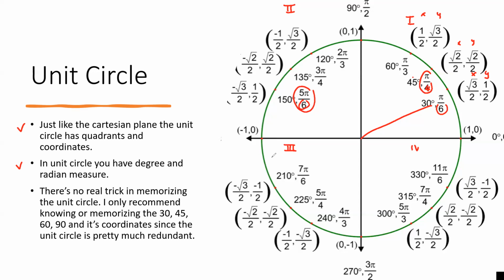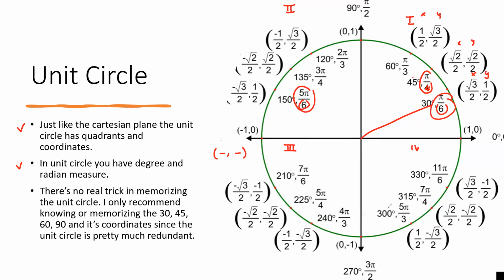Okay. And then if you look at quadrant 3, same thing. The only difference is the x is negative and the y is also negative. So 210 or 7 pi over 6 is related to pi over 6. It's just that the x and y are negative. That's pretty much it. See how it's redundant?